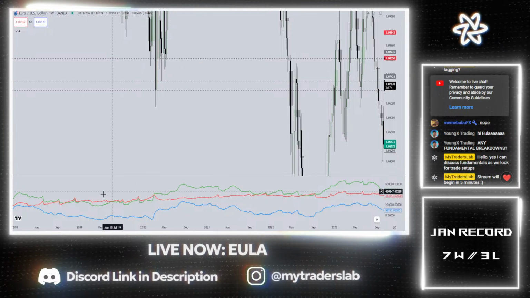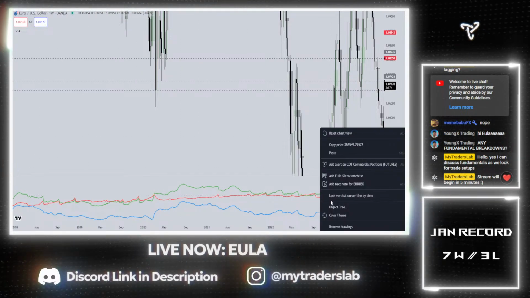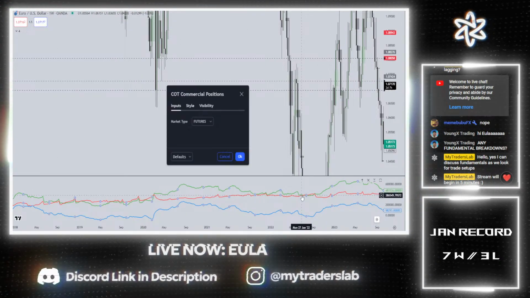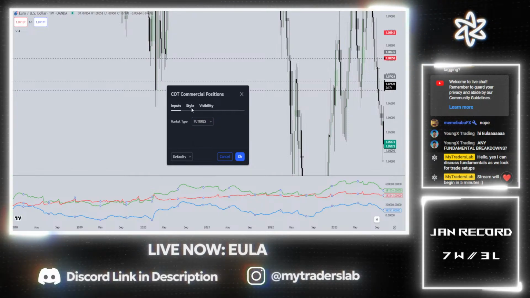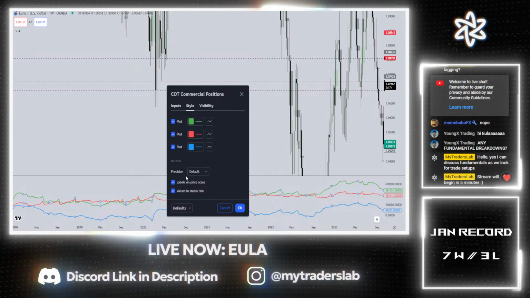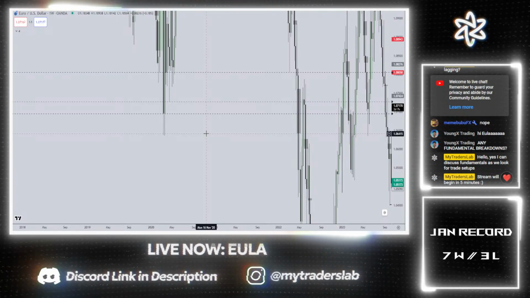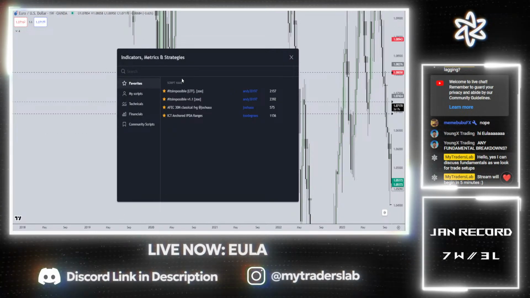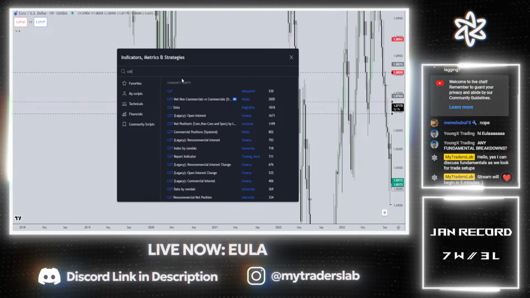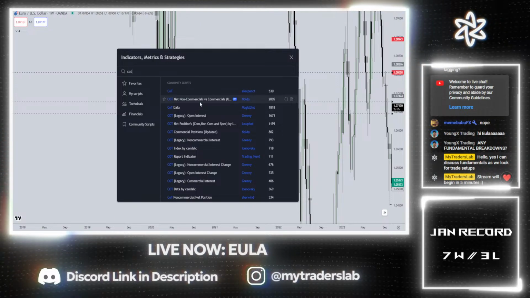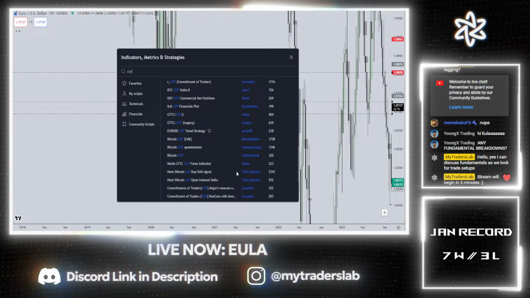Is it this one? I think it could be this one, yeah. Alright, let me change it up. Market type futures. Okay, it doesn't give me the data at all. This is bad. Wow, I think they removed it.